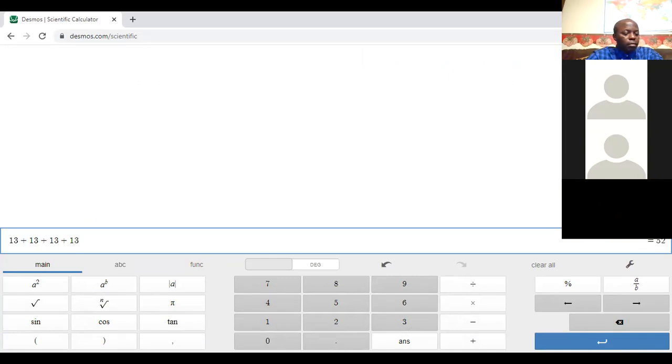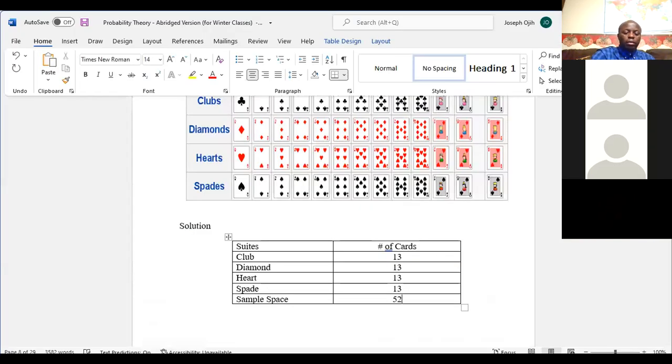I give you 52 cards, and that will give you 52 cards. I mean, the sample space is 52 possible outcomes for 52 cards. That's how I find the sample space.